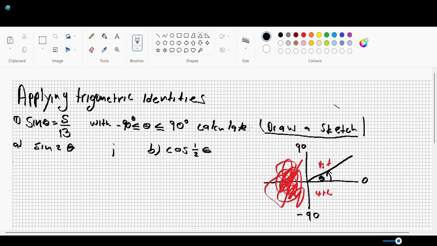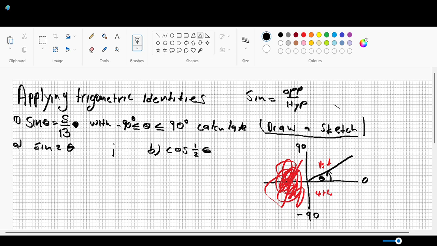Now let's go back again and check our sine theta. Remember, sine theta is equal to 5/13. Sine is equal to opposite over hypotenuse.